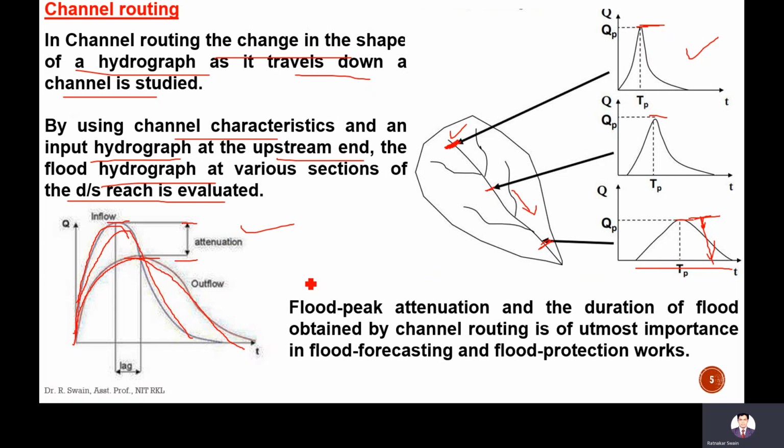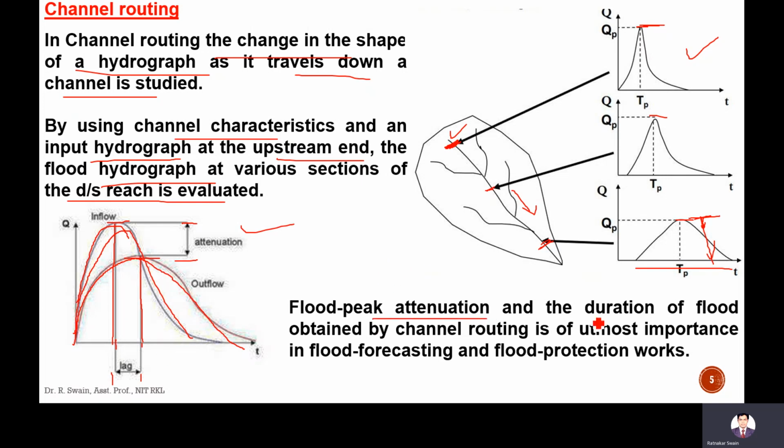It means the hydrograph is attenuated, meaning the peak is reduced. And the difference of the time of peak is called lag. This is the time of peak for the outflow hydrograph. This is the time of peak for the inflow hydrograph. So this difference is called lag.